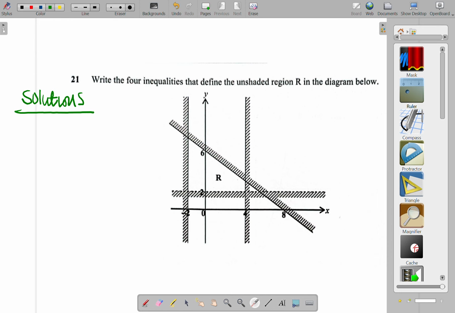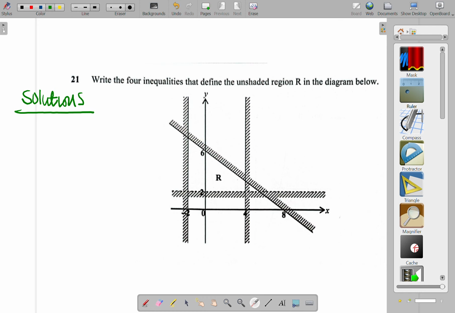Now consider which side of the line is the clear region. Here we are interested in just the clear region. It is lying on the greater part. This is the greater part, this is the lesser part. So the clear region is lying here on the greater part.